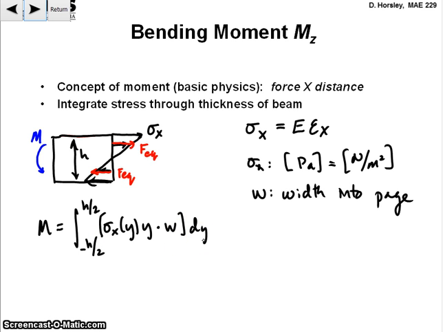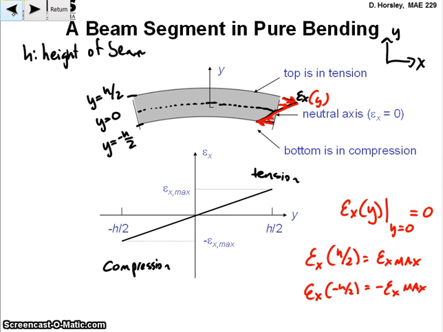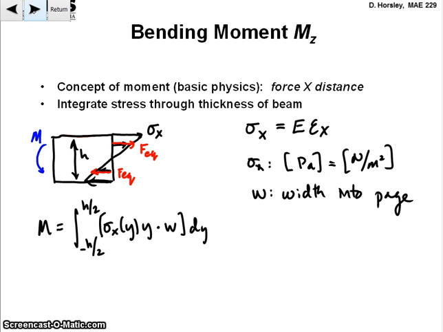This is a pretty easy integral. The thing that we need to know is, if we look back at the previous page, we had the dependence of the strain on y. We can express that graph in terms of an equation.